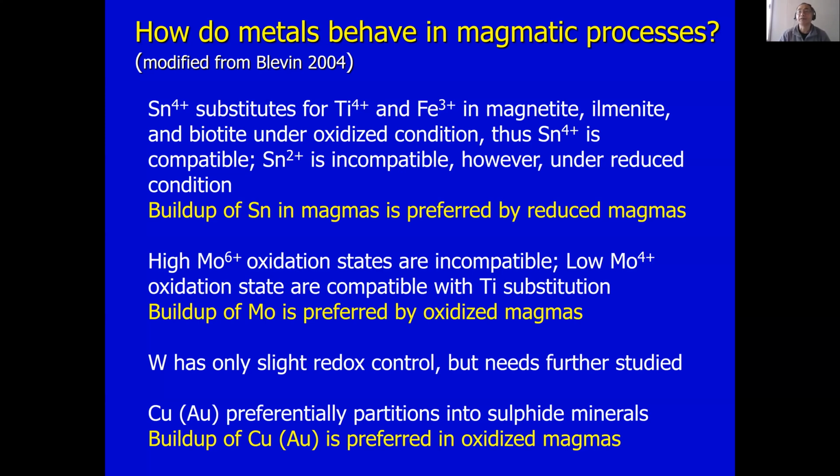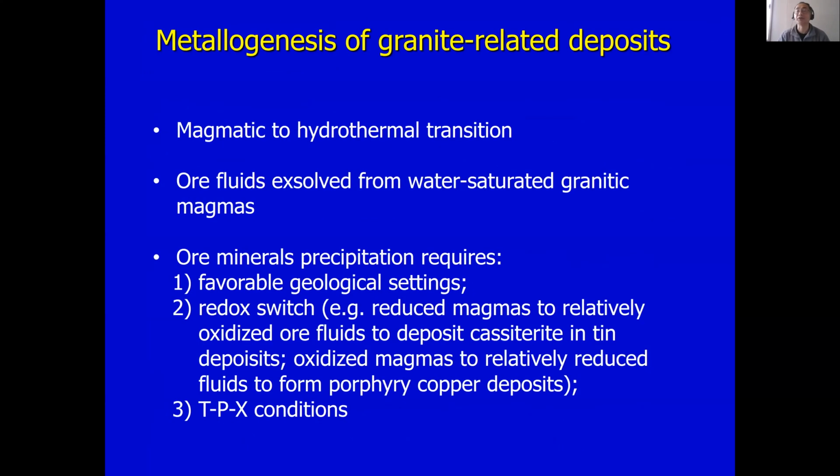So we have to consider if the granites or intrusions are saturated with water, that relates to the magmatic to hydrothermal transition. If saturated, the ore fluids can exsolve from the water-saturated granitoid intrusions. That depends on the environment or confining pressures. And interestingly, when you look at this, the ore mineral precipitation is required, which is why some intrusions produce ore deposits but some do not.